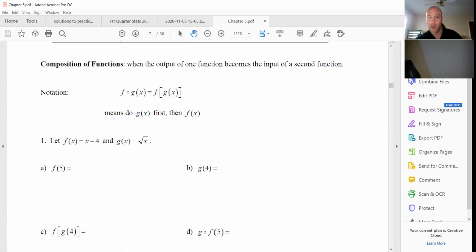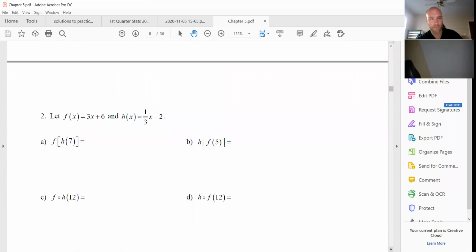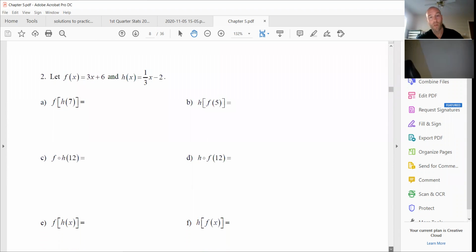Same idea over here. F of 5, we already said was 9. Then I get to do g of 9, and I get 3.